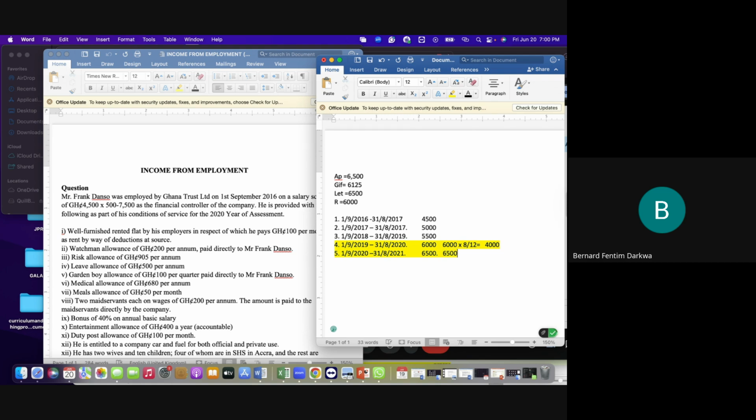So here it's going to be 6,500 times 4 months, 4 over 12. So you see that we are getting the 12 months for 2020. So for 2020 now you have 8 and 4, 12 months. So how much would that be? 2,166.